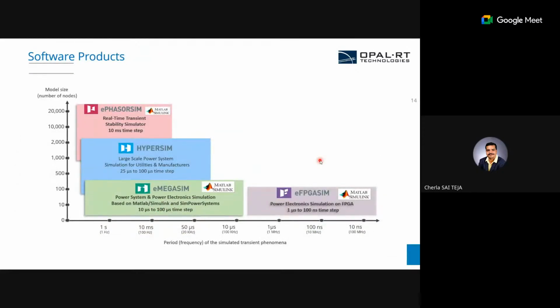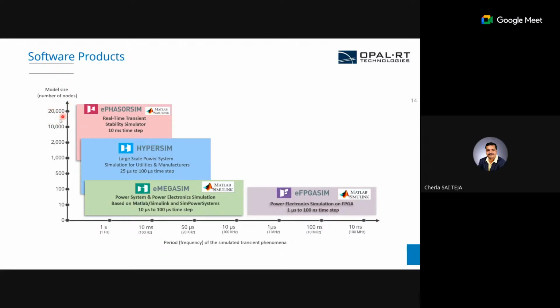So these are some of the software products we have, depending on the application. This ePhasorsim is a solver which works in the phasor domain, and it finds application whenever you want to study the transients occurring at the grid level. When I say grid level, you'll have a larger number of buses in the system, so you can see a large number of nodes.